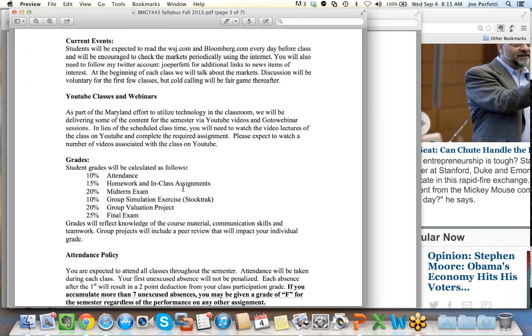For grading, grading is based on a 100-point system, and the points are going to be allocated as follows. 10% of the grade is attendance, and attendance is really critical in this class. And I say that because it's a process class. What I'm going to be teaching you throughout the semester is a process to do analysis and valuations of companies.